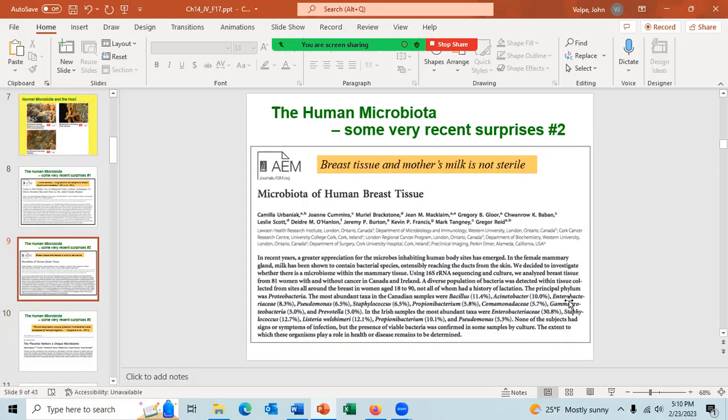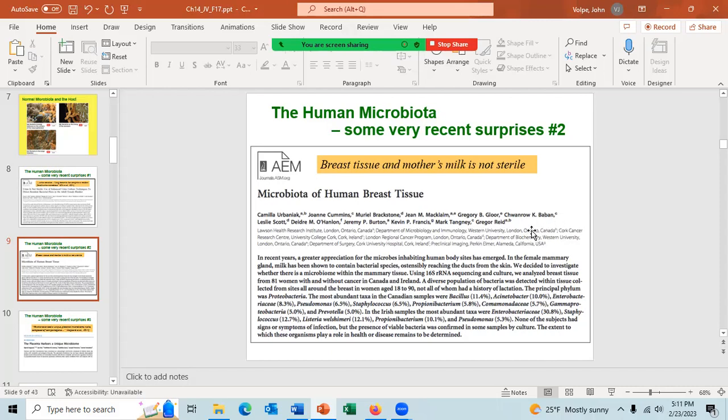They discovered that mother's milk is not sterile, and it's not unsterile just from the outside; mother's milk inside the breast has microbes in it. So the breast tissue inside the breast has normal microbiota, at least in females. I don't know the answer for males because they didn't look at that, but the male breast is obviously different than the female breast, so it wouldn't be surprising if it's different.